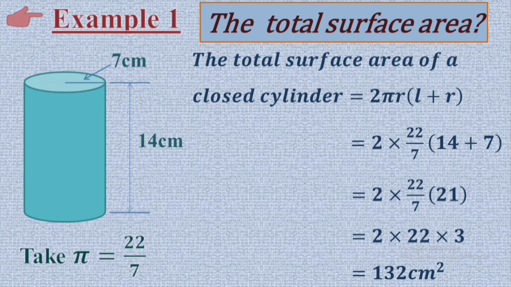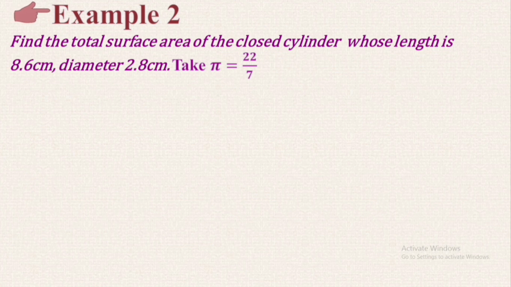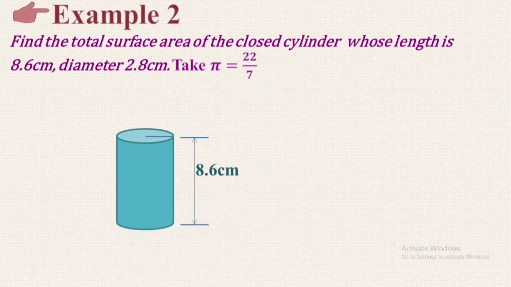Here is another example. Find the total surface area of the closed cylinder whose length is 8.6 cm, diameter is 2.8 cm. Take pi to be 22 over 7. So if this is the cylinder with height 8.6 cm, notice that you were not given the radius of the cylinder but the diameter, which is 2.8 cm.